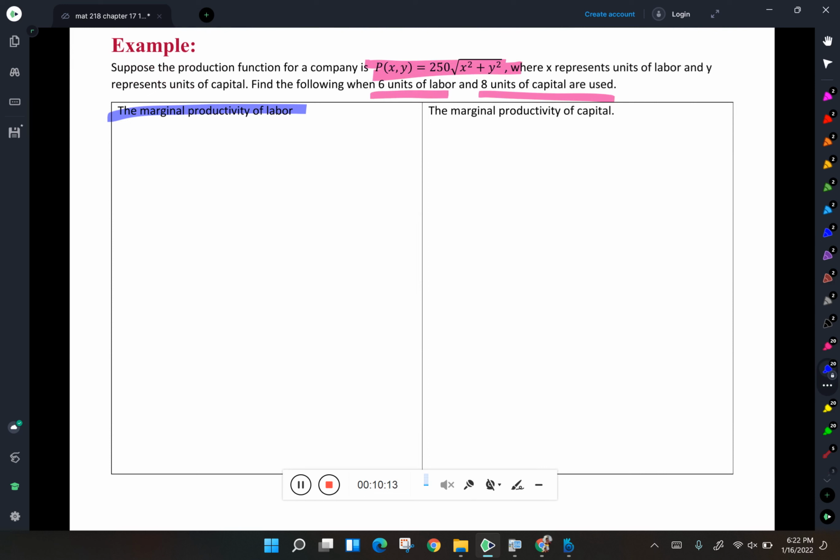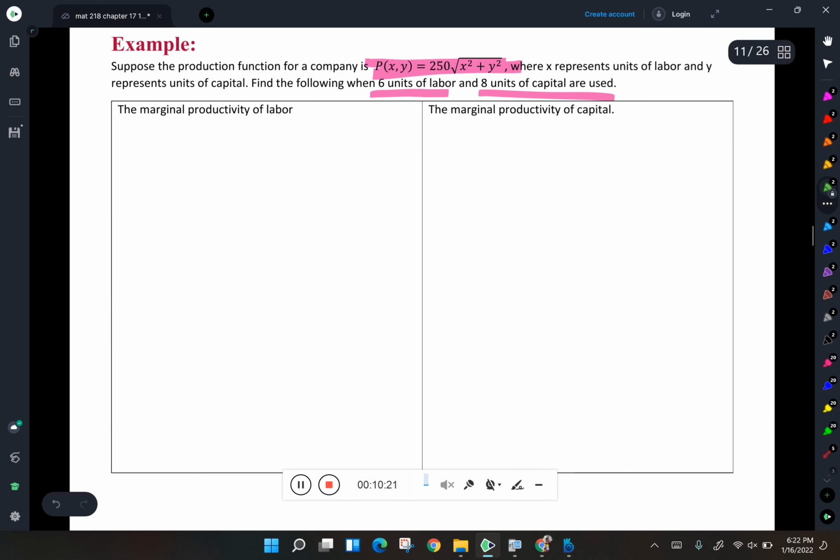Well, I remember from my 212 that whenever I saw the word marginal, that meant I was taking a derivative. And in 212, that was easier because there was only one variable. But now I got to figure out what that means. Well, the marginal productivity of labor says change labor, fix capital.